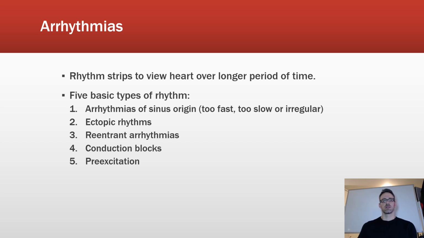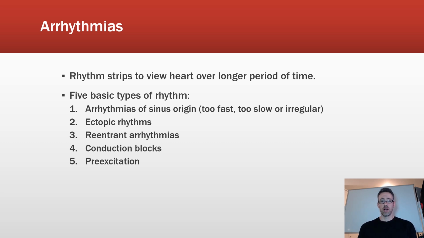Then there's the ectopic rhythms, and ectopic means it's really a rhythm that's initiated from outside of the SA node. Then there's reentrant arrhythmias. Reentrant arrhythmias is essentially like having an electrical racetrack, where the electrical activity is moving around continuously in a particular pattern and firing over and over and over again.